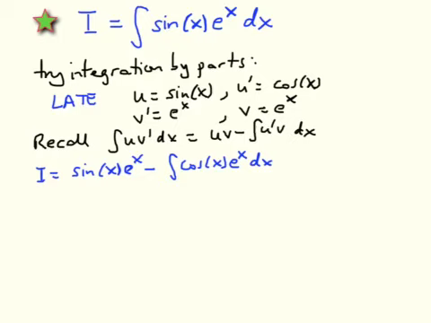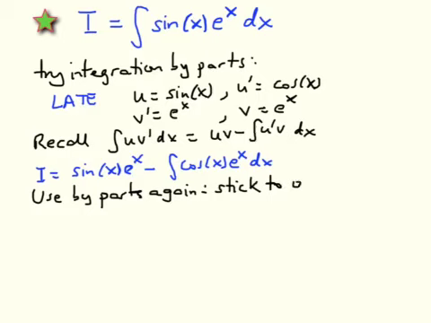So we use integration by parts again, and the way I like to think of it is to say that we have to sort of stick to our guns. In other words, we have to keep doing what we had done before.